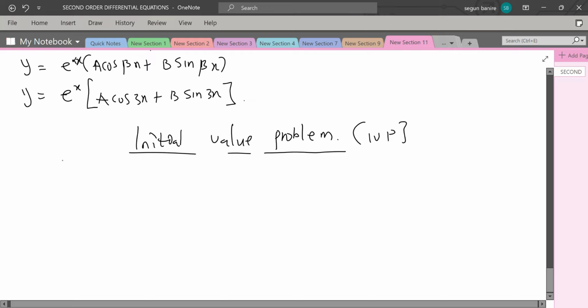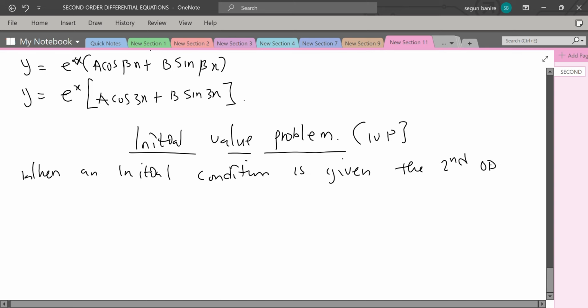So when an initial condition is given, the second order ODE becomes an initial value problem.